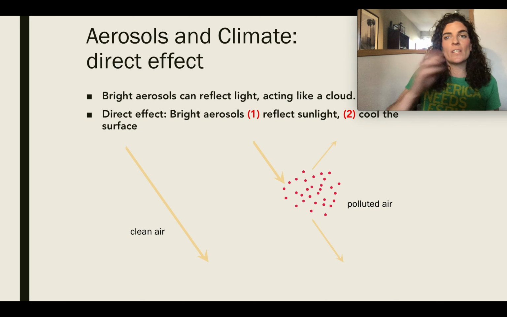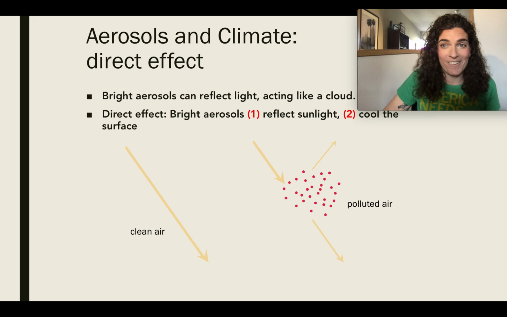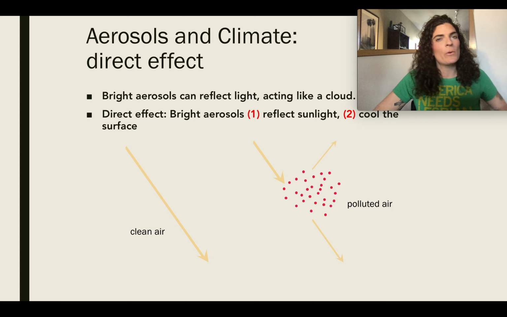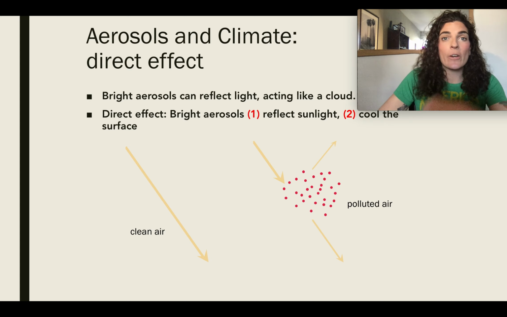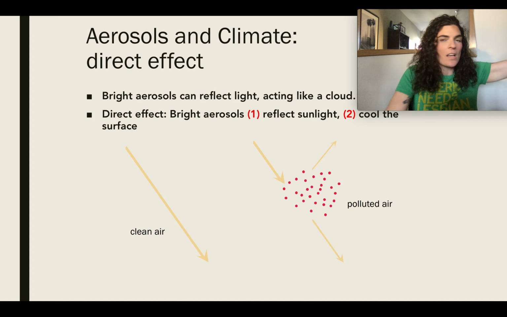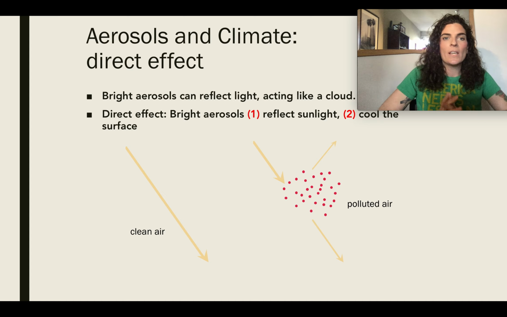So let's talk about the effects of aerosols on the climate in more detail. We have three main effects: the direct effect, the indirect effect, and the semi-direct effect. The direct effect, which we're going to focus on most in this lecture, is where you put a bunch of aerosols into the atmosphere between the sun and the Earth.